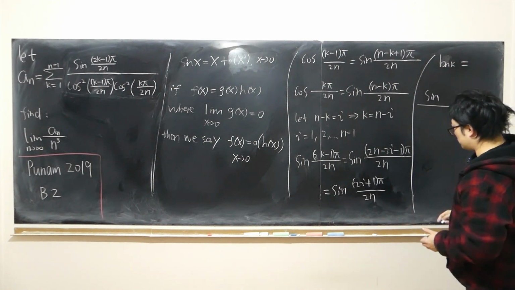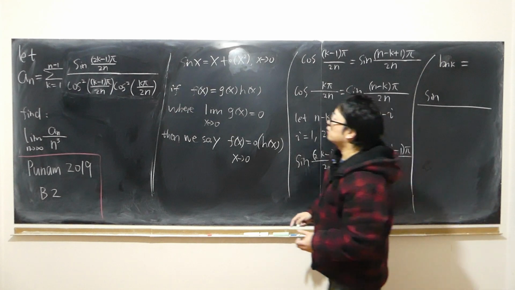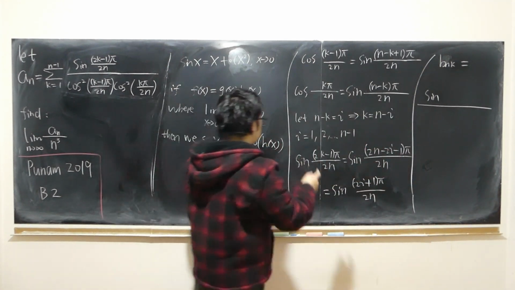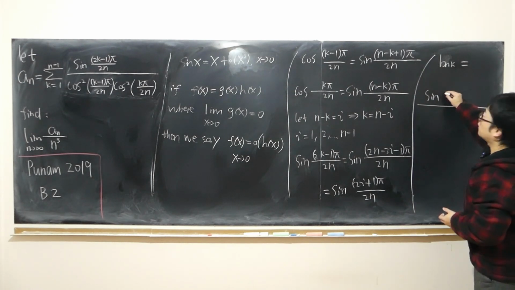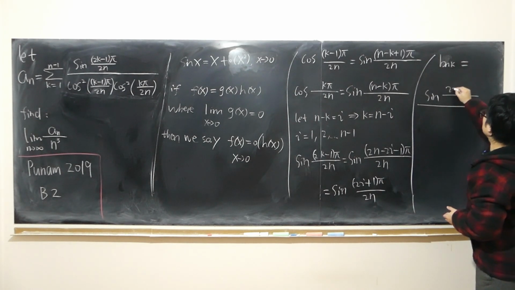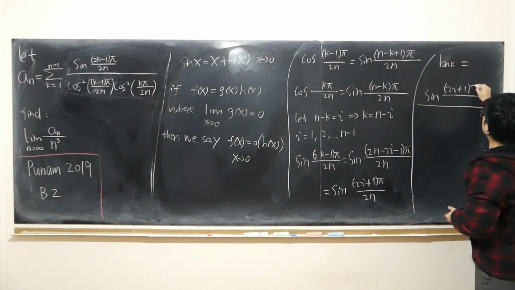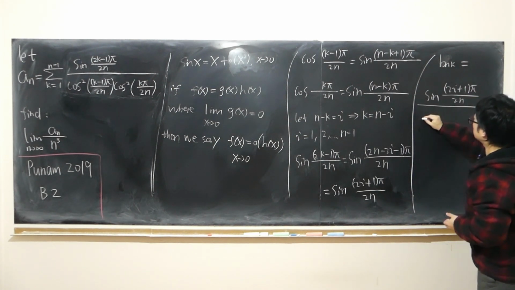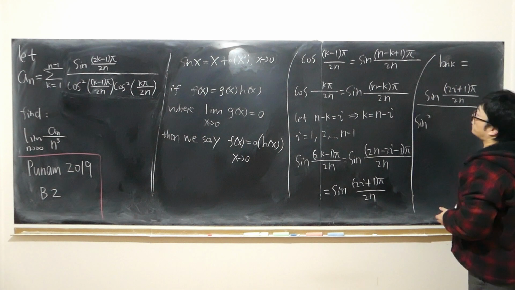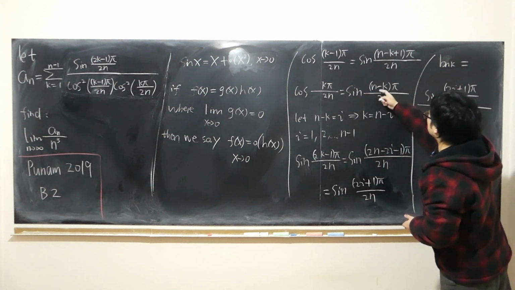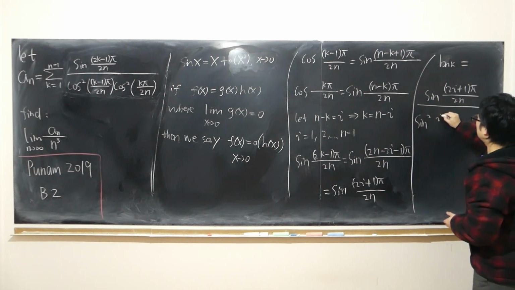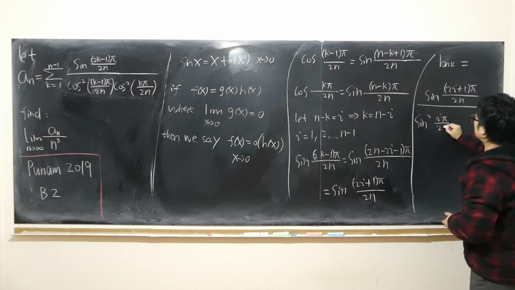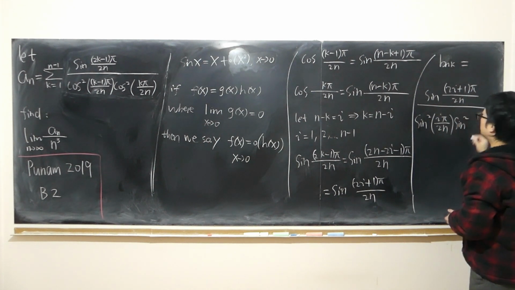Now everything becomes in terms of k, right? Every i becomes k. Sine of (2k pi over 2n), sine squared. n minus k becomes, like I said, (k pi) over 2n, sine squared.